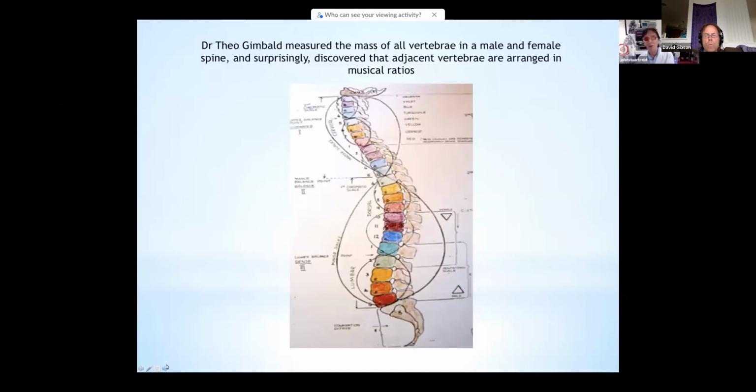He took some human spines, both from male and female, and he weighed every single vertebra and then checked the ratios between the vertebrae and found that all of the vertebrae in the spine were in musical ratios. So this brings us back to the human condition as being very resonant with music. I just love this.